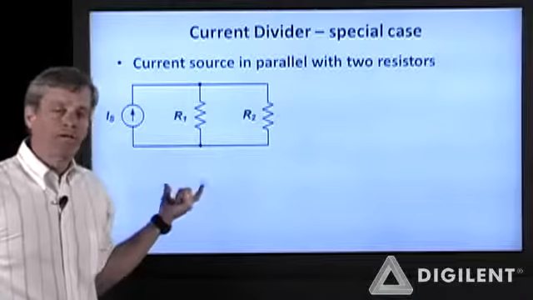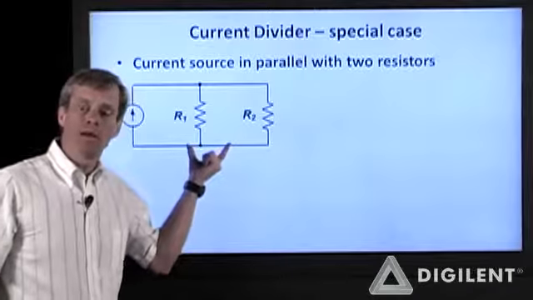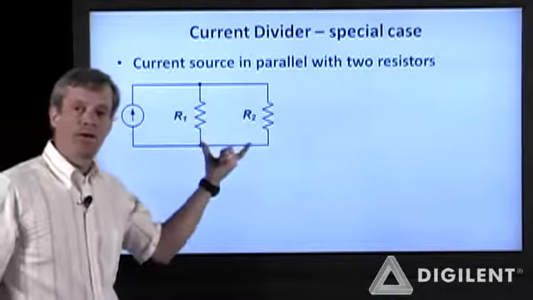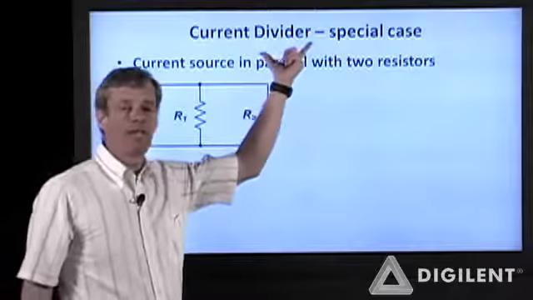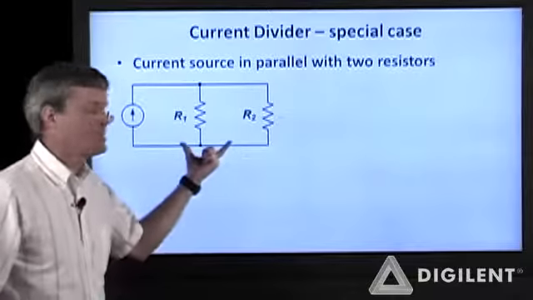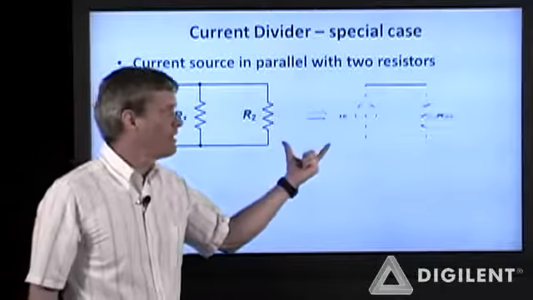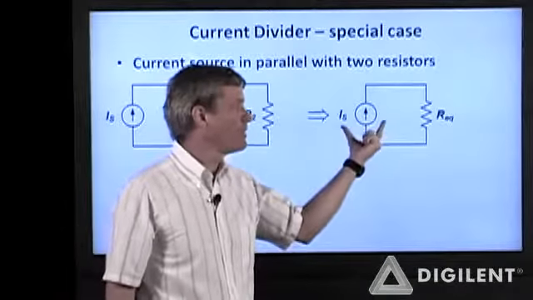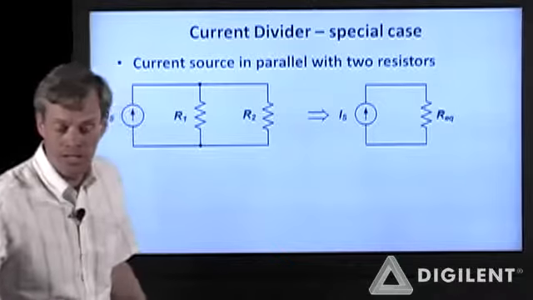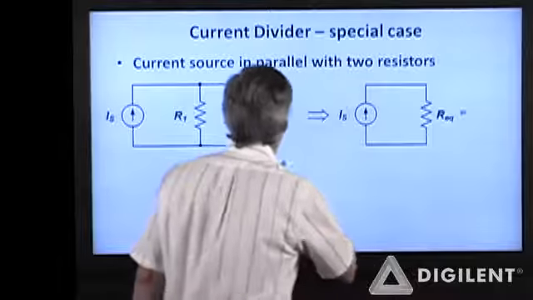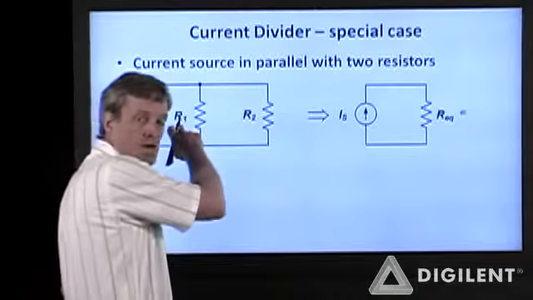Now let's look at the special case of two resistors in parallel. With a known current going into this parallel combination, I'm going to create a special current divider relationship for these two resistors. This circuit can be rewritten as an equivalent circuit with a current going into an equivalent resistance. As we said before, this conductance adds these two conductances directly.